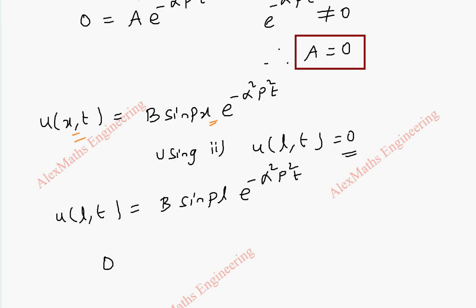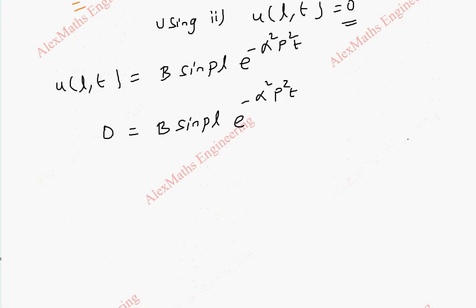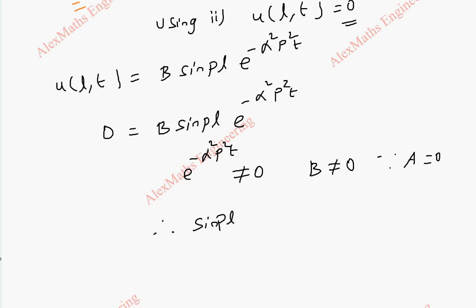So 0 = B sin pL e^(−α²p²t), and already we discussed e^(−α²p²t) is not possible to be 0, and B also cannot be 0 since A was 0, because out of the two terms any one constant can be 0, both constants cannot be 0. So already A is 0, so B cannot be 0. Therefore the only option left is sin pL must be 0.